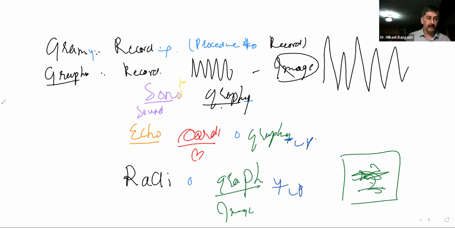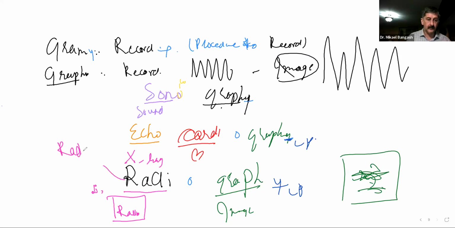But what we use to make this image is not going to be sound, and it's not going to be the radio in your car. Here, the radio is primarily X-rays.